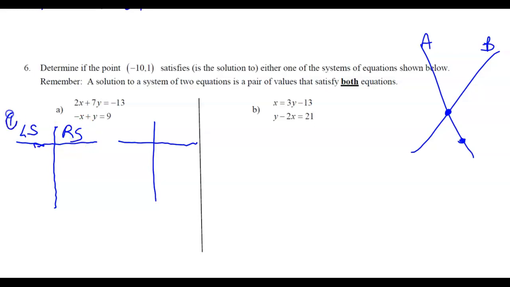This is for equation 1, and this is equation 2, left side, right side. In equation 1, this is your X value, and this is your Y value. So you're going to replace X with -10 and Y with 1. I'm just going to move this line over a little bit here.